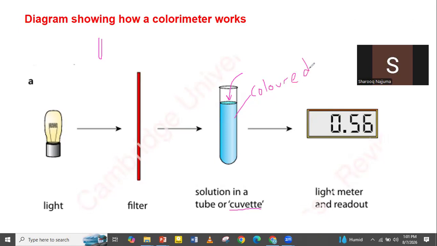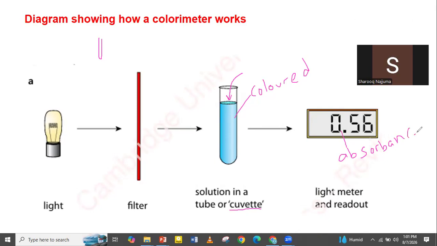So because this solution is colored, it's going to absorb some of that light. And depending on how much light has been absorbed, the calorimeter is going to show you a reading. The reading is what we call absorbance. So it shows you absorbance of light.